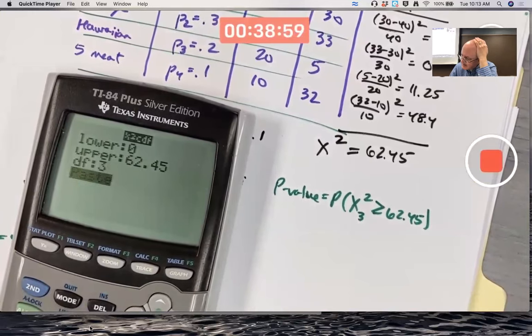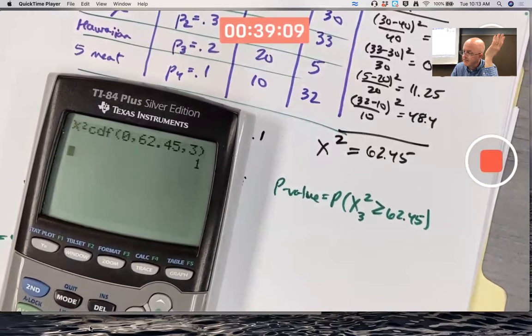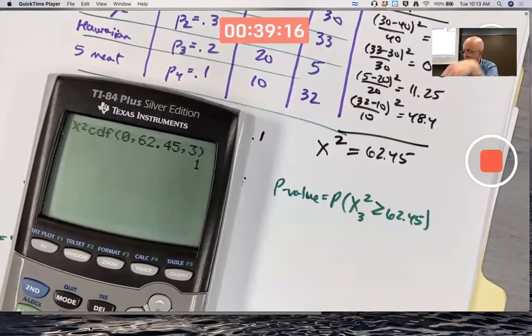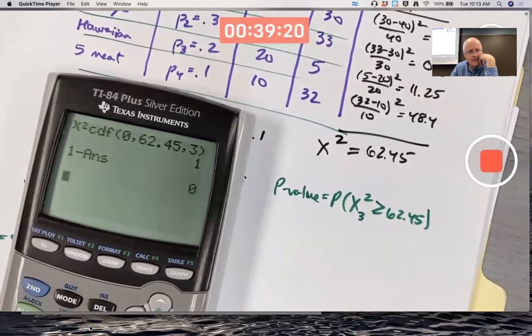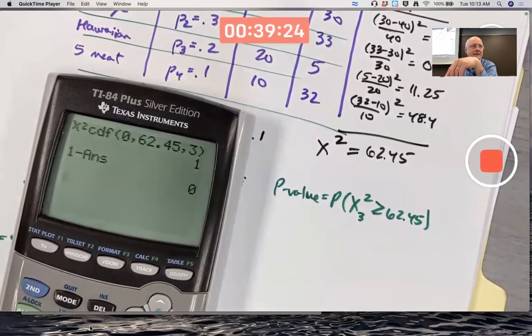What should I expect here? This is a CDF value with a high upper. This should be a fairly large number, close to 1. It says it is 1. Does it equal 1 exactly? No. Is it carrying more decimal places internally? I don't know. Doesn't look like it. The p-value is essentially 0.